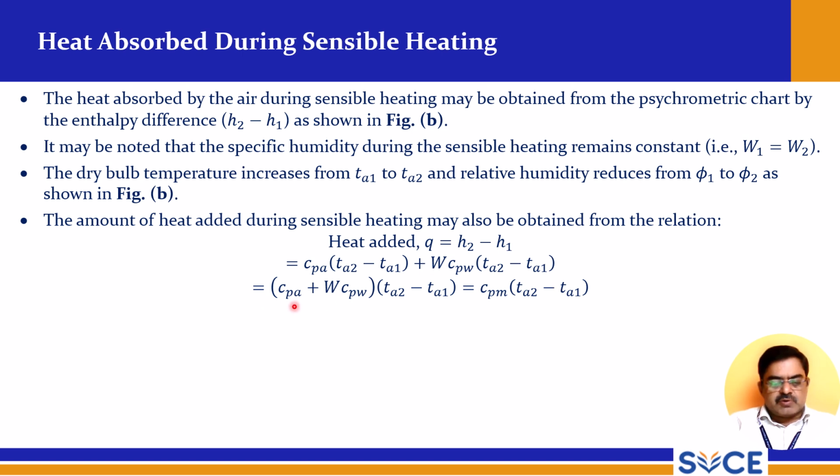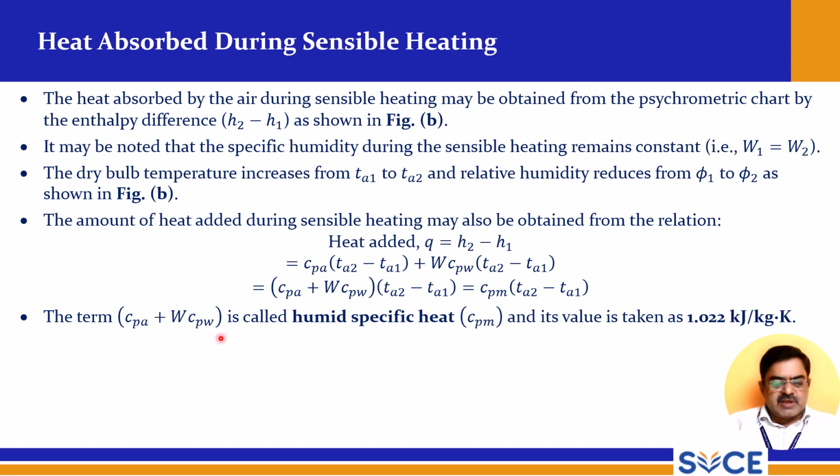So that is equal to (CPa plus W CPw) into (Ta2 minus Ta1), which is equal to CPm into (Ta2 minus Ta1). The term CPa plus W CPw is called humid specific heat. That is what we have seen in the third topic in this unit, and its value is taken as 1.022 kilojoules per kg Kelvin.